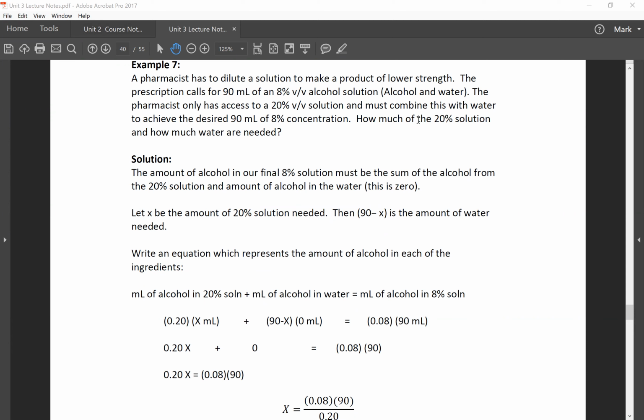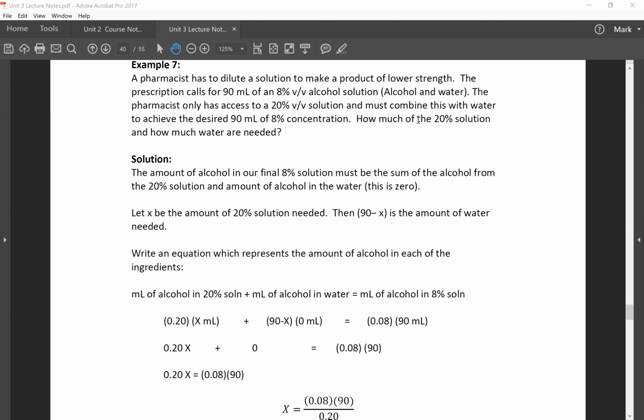So it's 8%. The pharmacist only has access to 20% solution and must dilute this, or combine this with water, to achieve the 90 milliliters of 8% concentration. So the question is, how much of the 20% solution and how much water are needed?